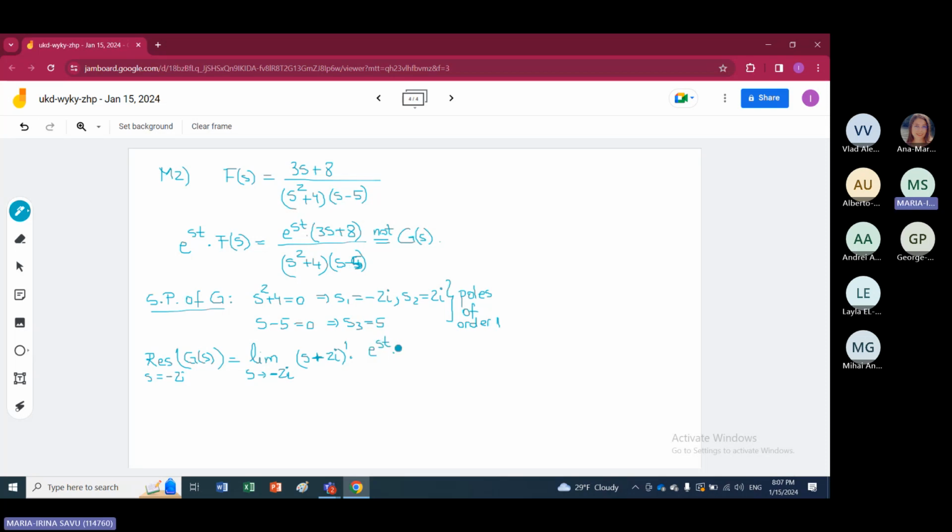But what should we do with the denominator of this function? How should we write the denominator? Well, since s plus 2i doesn't appear here, we have to write it in which way?